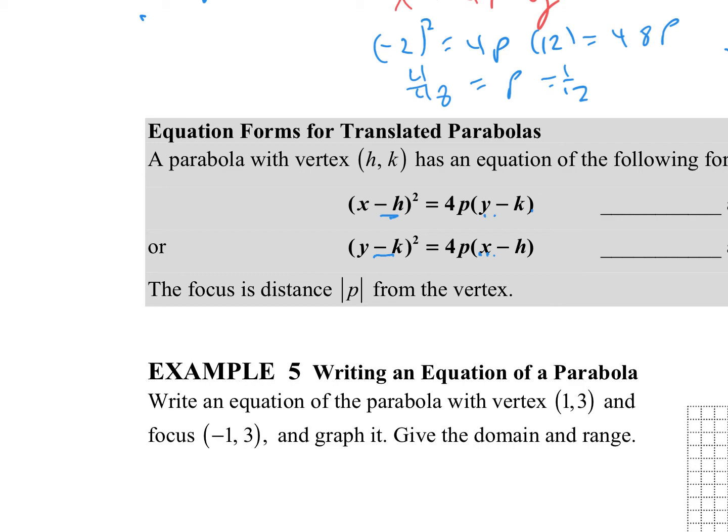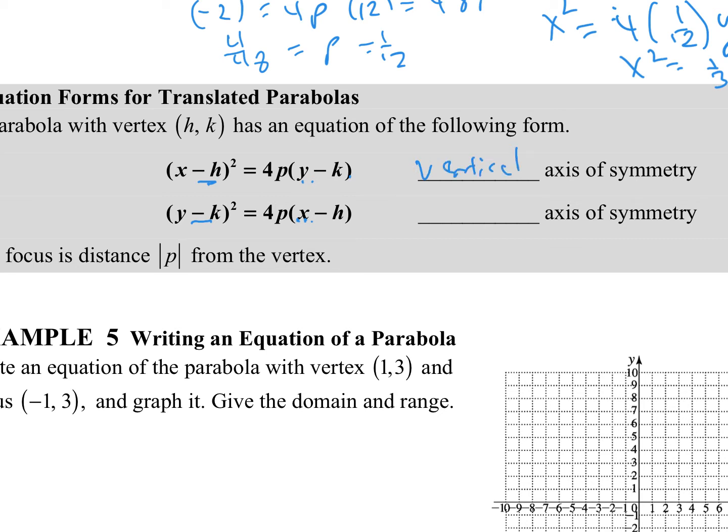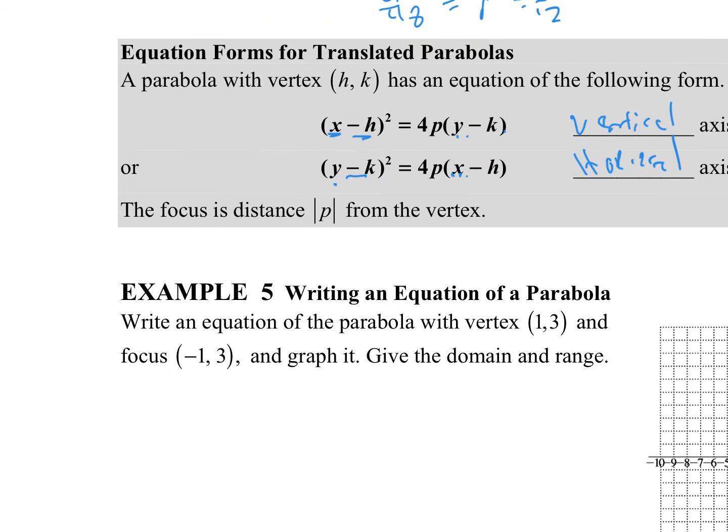Do I need to fill anything in? Well, obviously this would be a vertical axis of symmetry because the x is being squared, see? This would be a horizontal line of symmetry or axis of symmetry because the y is being squared. And we always know that the distance between the focus and the vertex, just a straight distance, is the absolute value. The plus or minus tells you whether it goes up or down, left or right.